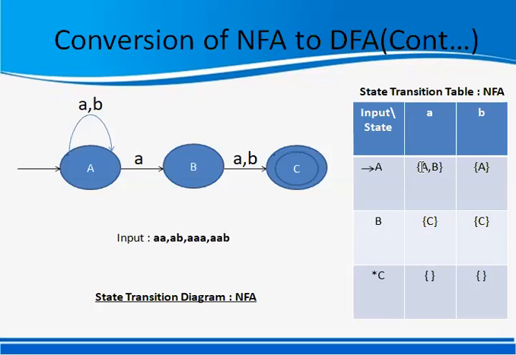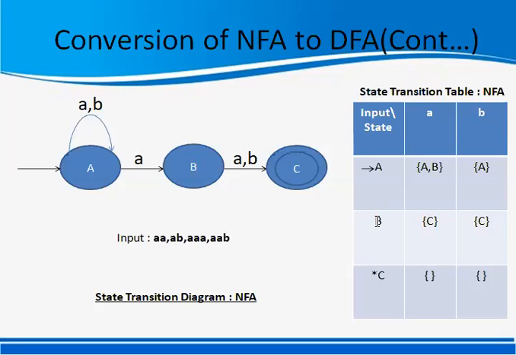So that's why we have written here this set of two states, A and B. Now we will check for the input small b. From starting state A on input small b, the next state will be A itself. So we have written here A.